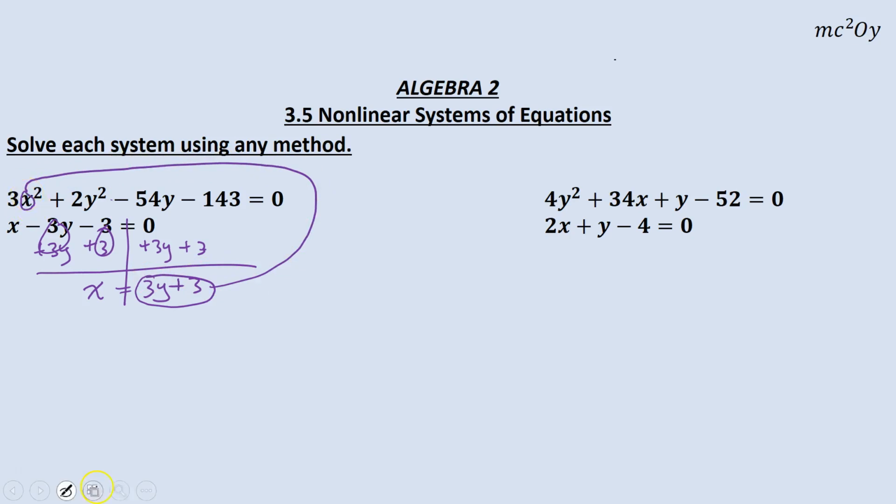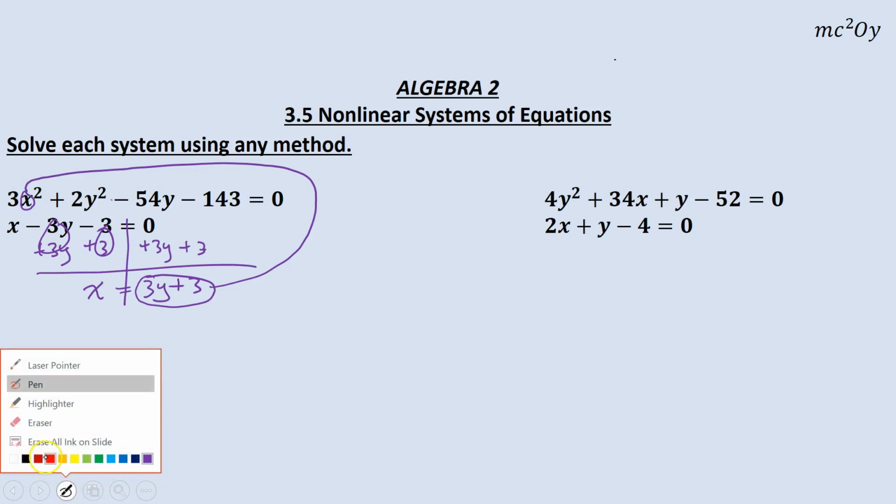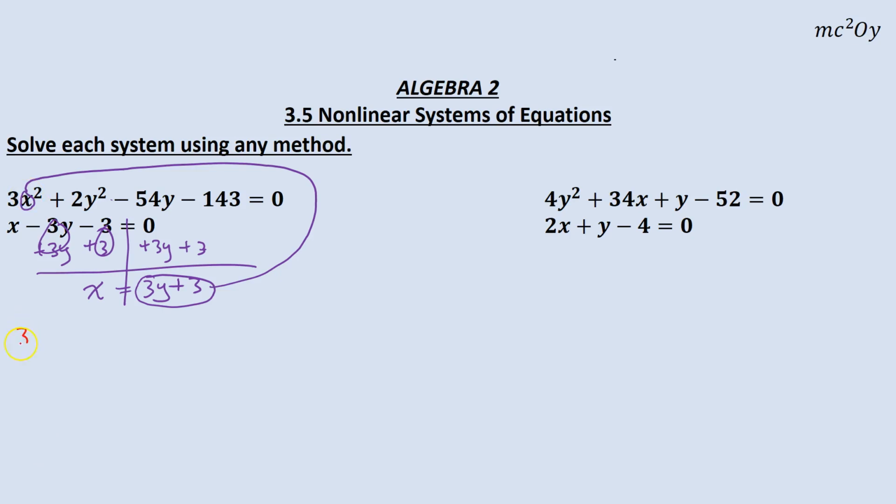So if I rewrite that now, I'd have 3 times x, which is 3y plus 3 now, and then don't forget that squared, plus 2y squared minus 54y minus 143 equals 0. Now I've got to simplify this left-hand side.